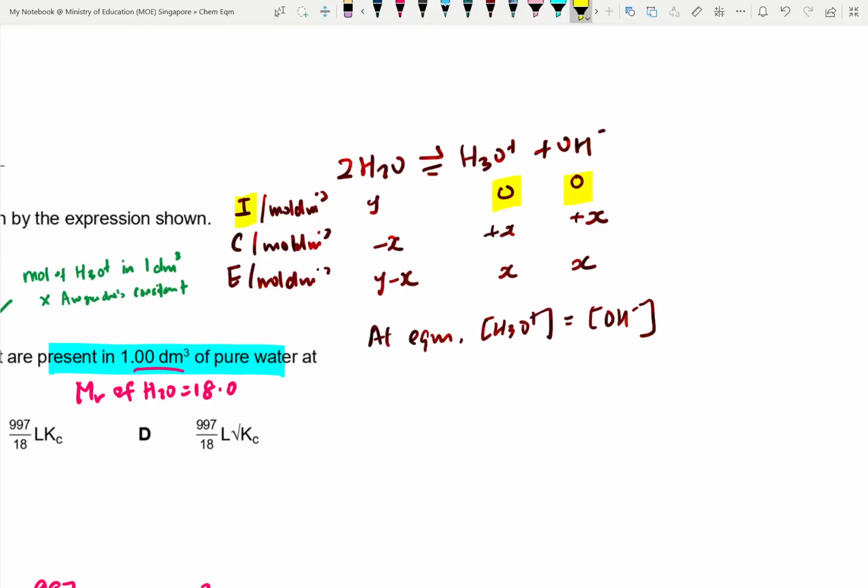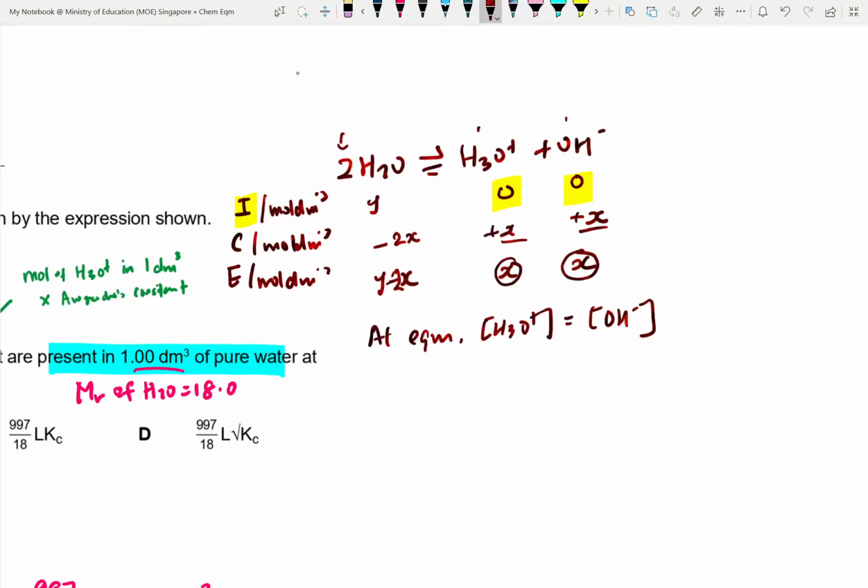When there is a change in concentration, if the change here is minus 2x, then the change is x and x proportionally, because it's 2 moles and this is 1 mole, 1 mole. Am I right? Therefore at equilibrium, you expect the concentration of H3O+ and OH- to be the same.